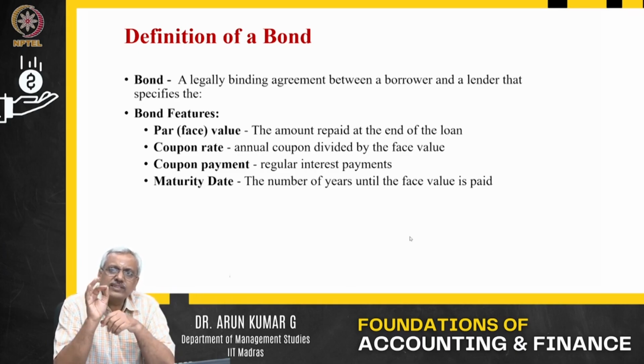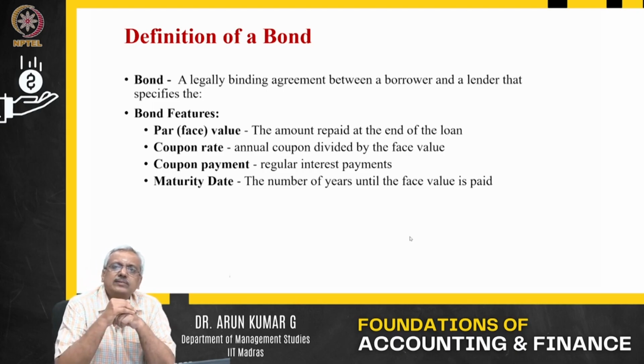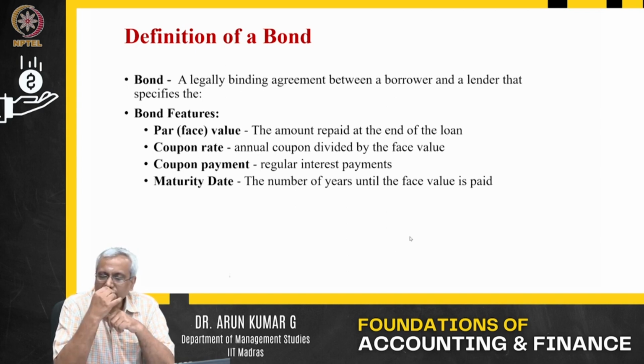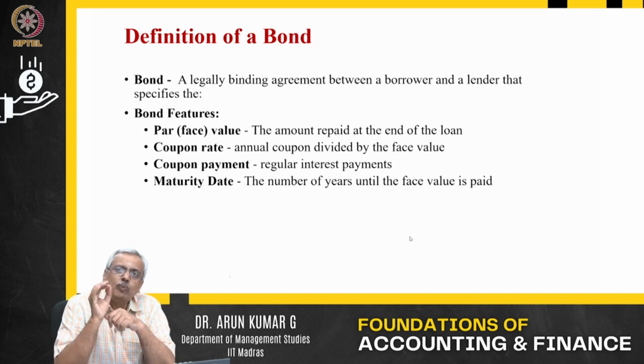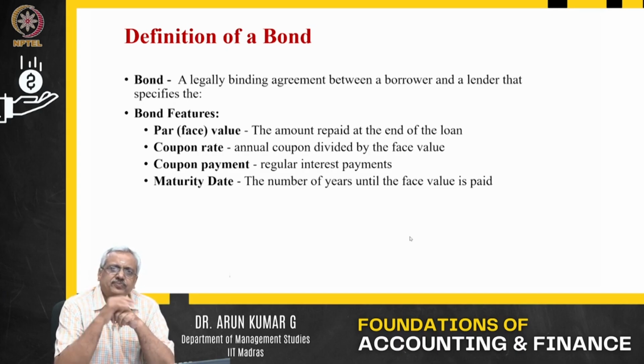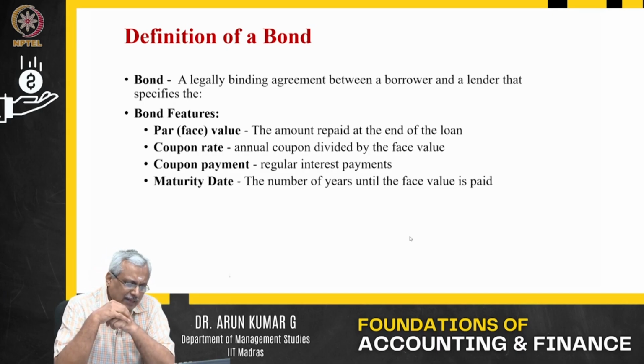It will have, as you can see on the slide, a maturity date. A bond will also have a coupon rate or a coupon payment schedule, normally barring zero coupon bonds.